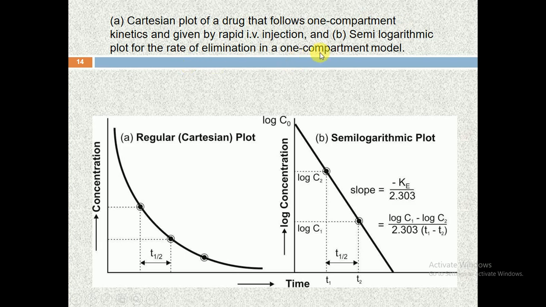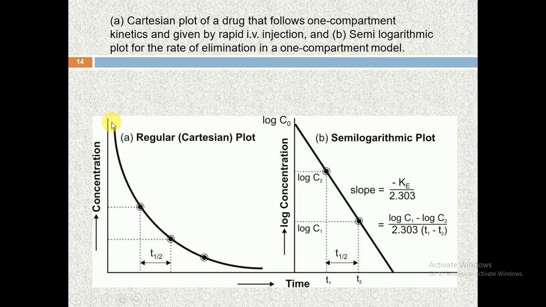As we have discussed about the half-life, it is the time required for a drug to reach half of its original concentration. Suppose a drug's half-life is 2 hours; it means that after 2 hours the original concentration of the drug will be reduced by 50%. So this is the regular Cartesian plot, and this is T half, the half-life.